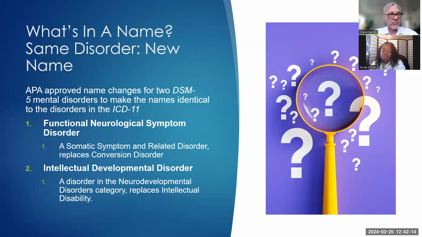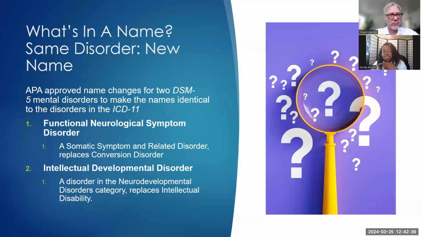Functional neurological symptom disorder requires one or more symptoms of altered voluntary motor or sensory functioning, incompatible with known neurobiological or medical conditions. So this would be something like a loss of hearing with no damage to the nerve, blood circulation, and ear structure. Why would we be thinking about this as clinicians?